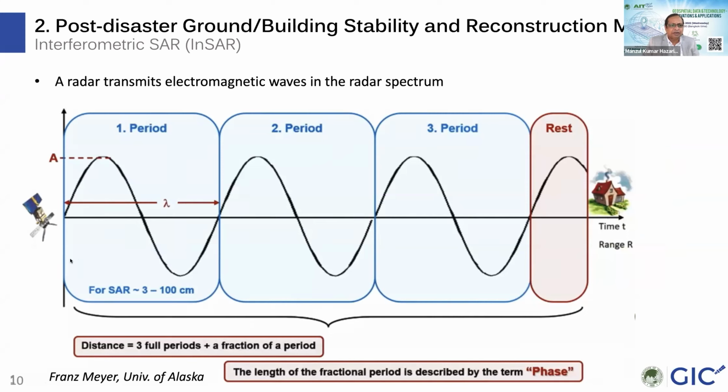Basically, radar uses microwaves, from 3 centimeters to 100 centimeters in wavelength, that travel from the satellite to the ground. In this particular wave, you can see 3 complete cycles, and the remaining rest is used in a very innovative way to measure changes in the ground, which I'm going to show you in the next slide.